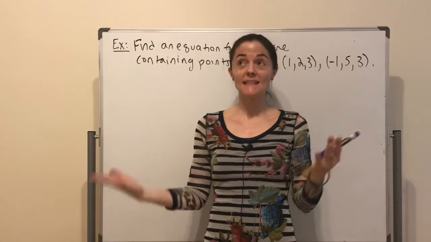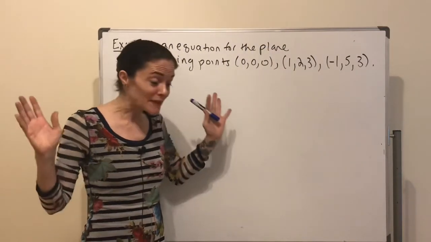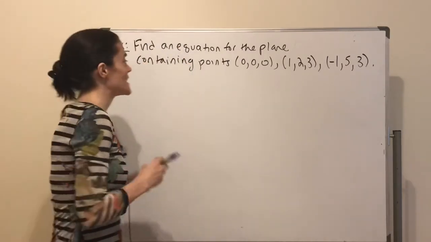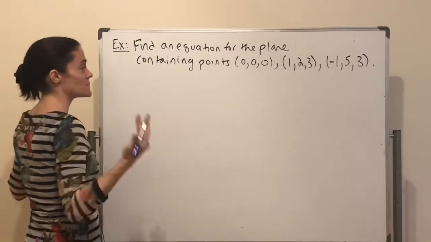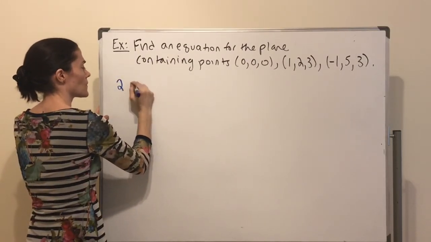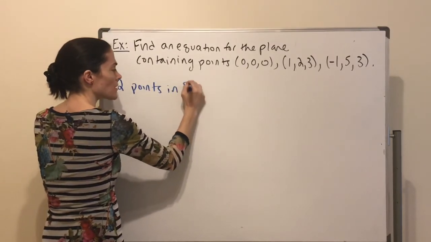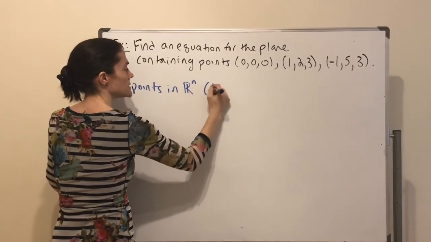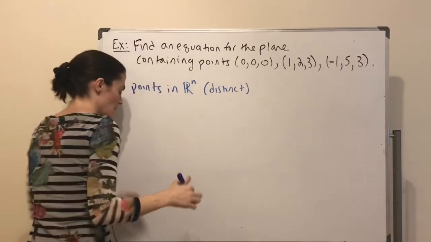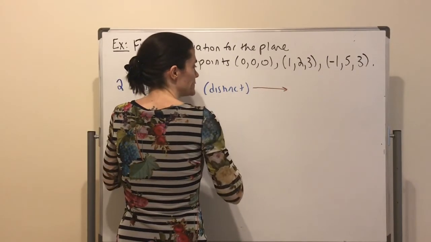Let's close today on discussing this example, which is something that we really want to do. We are given 3 points and we want to find an equation of the plane. Now, let's just back up for a moment. If we have 2 points in Rn, let's say distinct, meaning they're not equal to each other, then we get a unique line.